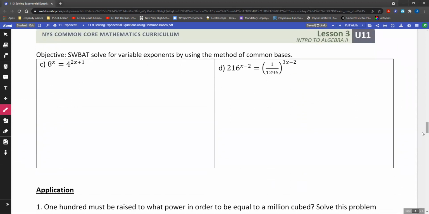All right. So there's no way of getting 8 as a power of 4. So this is actually rewritten as 2 cubed and 2 squared, which simplifies to this.